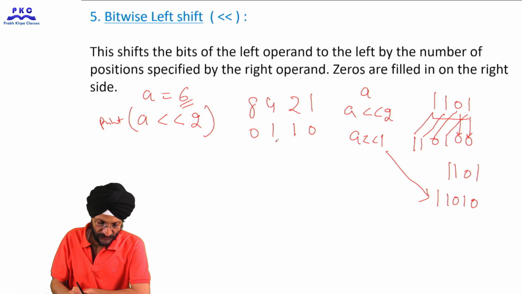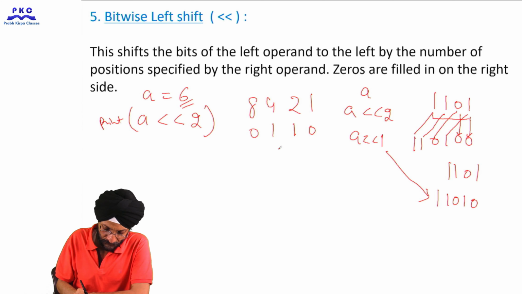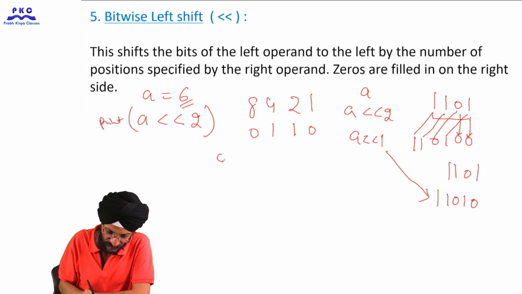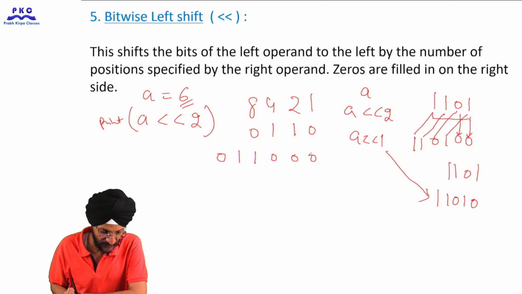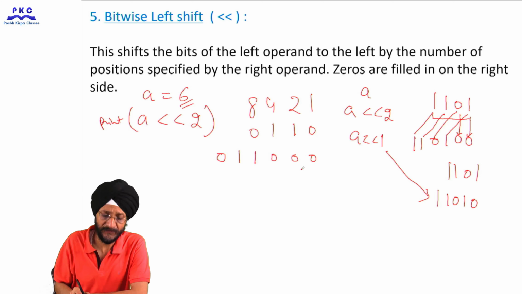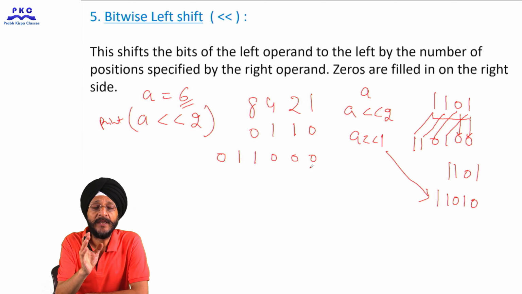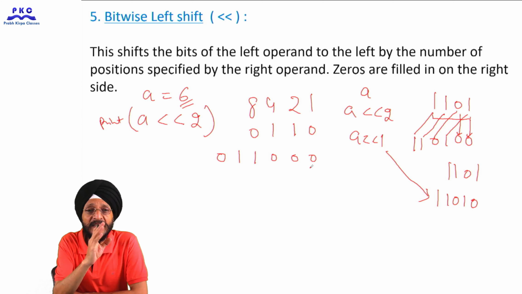So now what we will do? We will shift all these by 2 positions: 0 1 1 0 0 0. This is the position which we get after making a bitwise left shift 2.